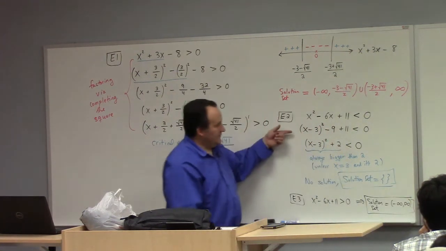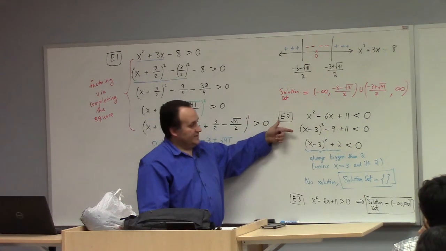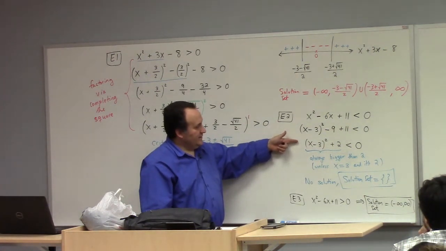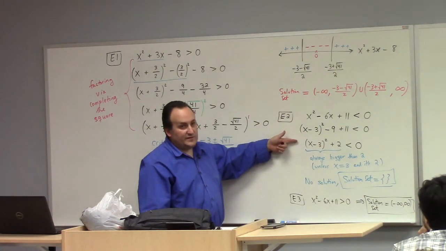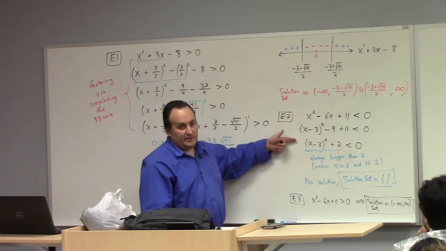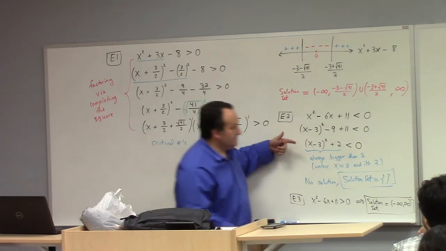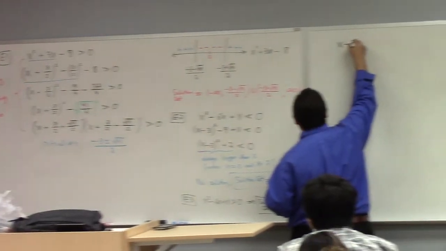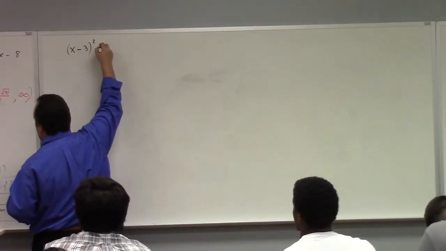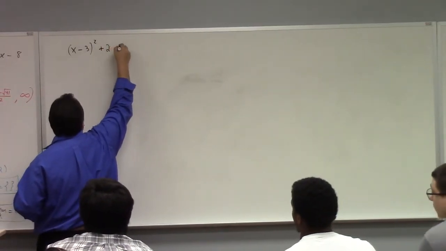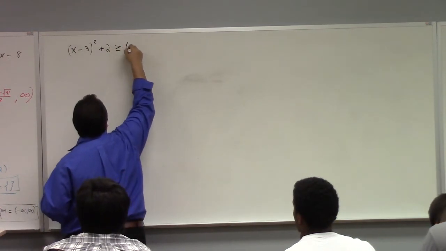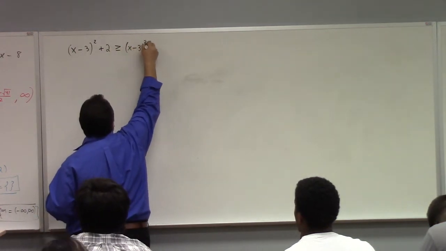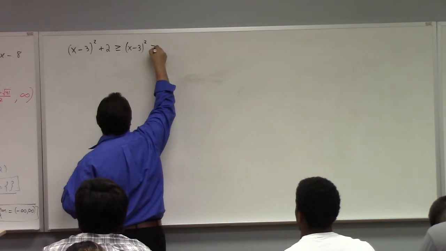Because of this calculation right here, right? Because x minus 3 squared plus 2 is always greater than or equal to 2. If it's always greater than or equal to 2, it's certainly greater than or equal to 0. Let me write that down. So my point to you is it's common sense that x minus 3 squared plus 2, right, is greater than or equal to x minus 3 squared, which, by the way, is greater than or equal to 0.